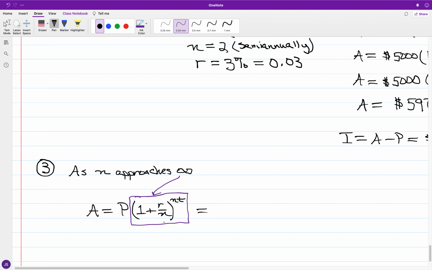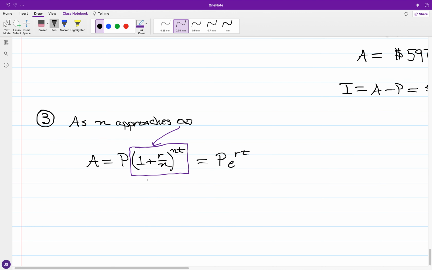That 1 plus r over n to the n times t, as n approaches infinity, is going to become P times the natural exponential base e, taken to the r times t power. And so this is what is referred to as continuous compounding.